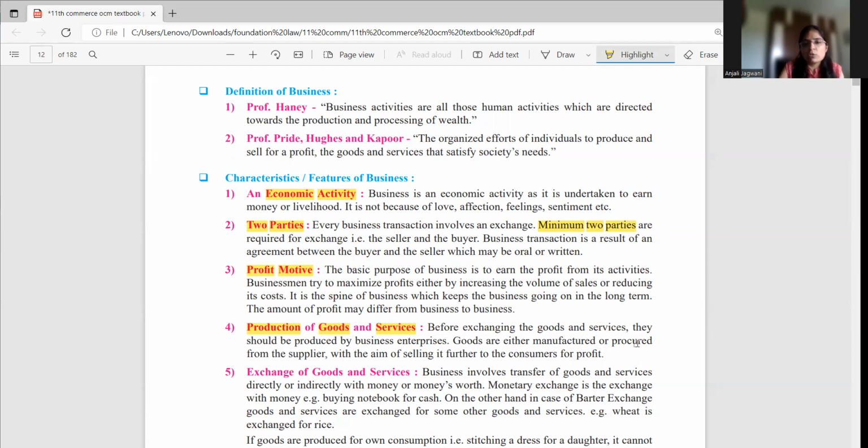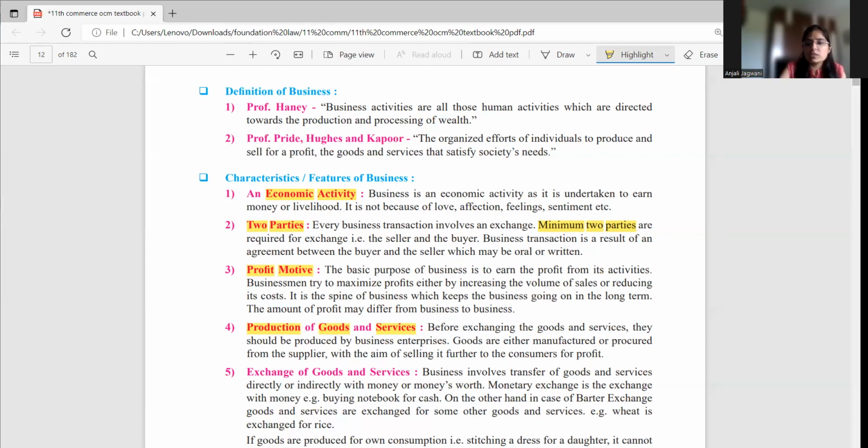So goods are either manufactured or procured from the supplier with the aim of selling it further to the consumers for profit. So either you are producing and then selling it, or you are purchasing and then selling it. All the three things are possible, and production of goods and service has to be there, and then only it could be sold further.